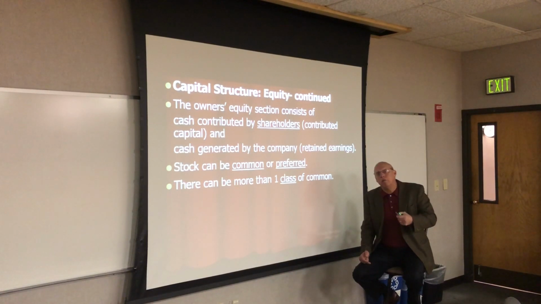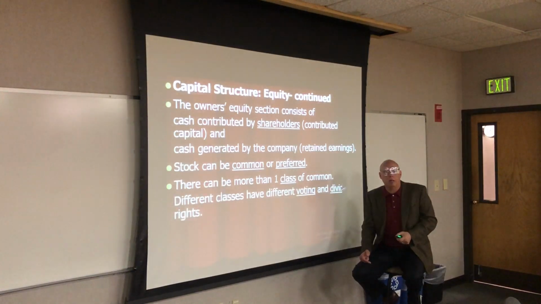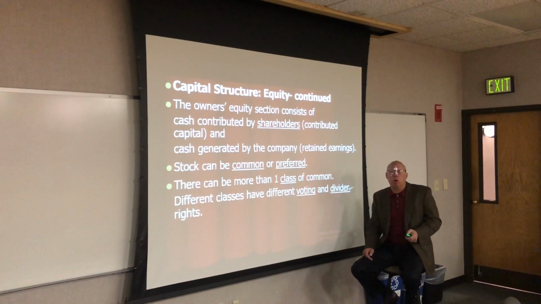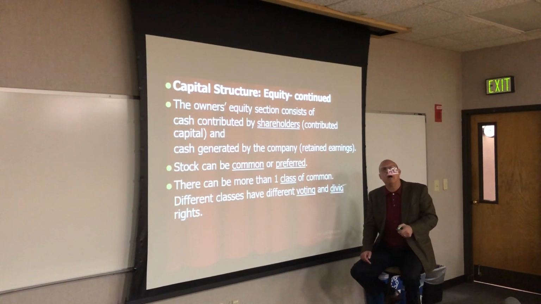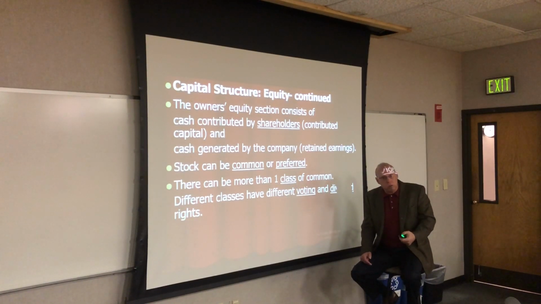It's when you have different rights associated with your stock, okay? So again, different classes have different voting rights, different dividend rights. So I want to make the point again that you can use your imagination to cut deals. Business is about being creative, imaginative, cutting deals.